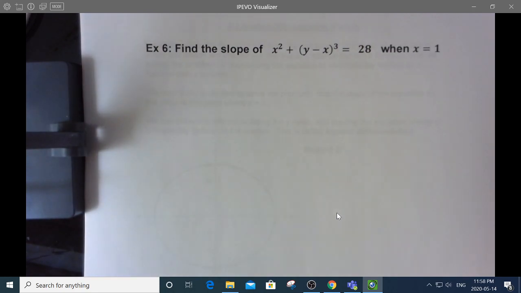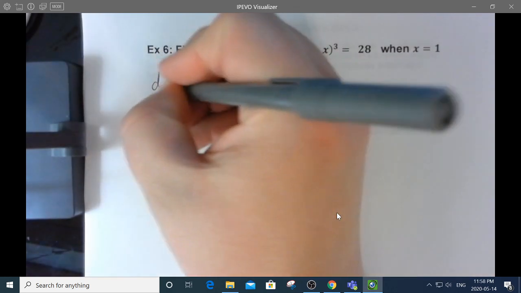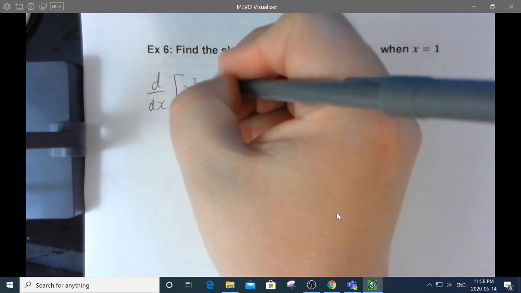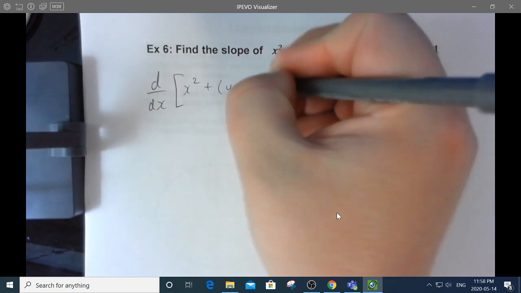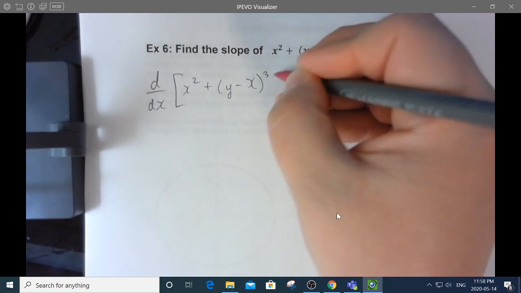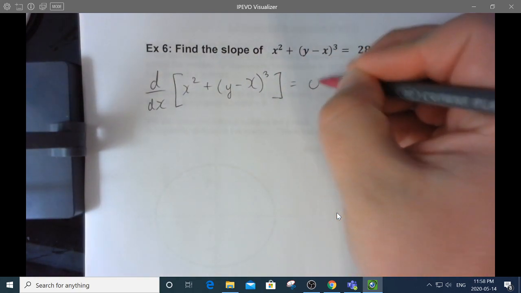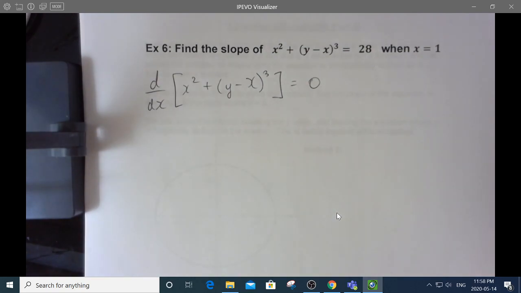All right, so let's see. Ran this one through. So I want the slope at x equals 1. So I'm going to go d by dx of x squared plus y minus x cubed equals, and dy by dx of 28 is just 0. So I'll just put the 0 on that.